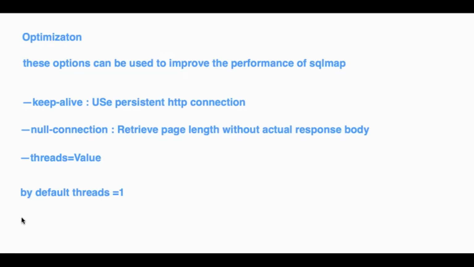And we have one more option in optimization that will improve the performance, hyphen small o. This flag will turn on all the optimization switches.